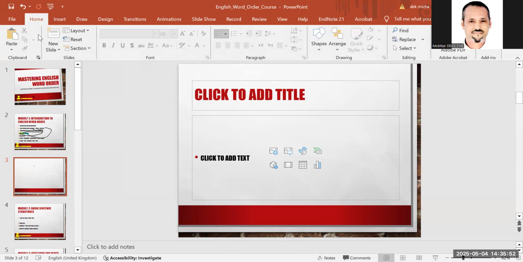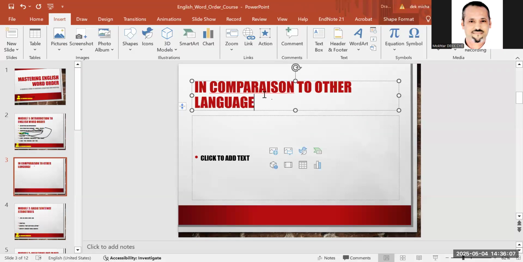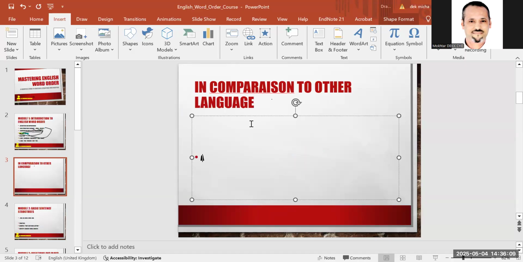So in comparison to other languages, for example, in Arabic, the word order generally is as follows. Normally in Arabic we start with the verb, then we use the subject, then the complement.